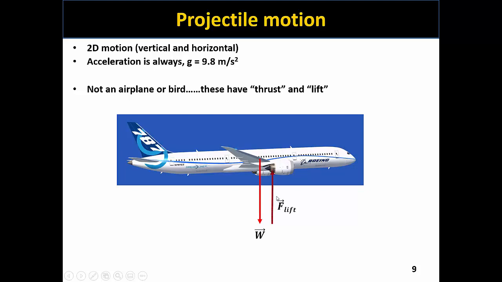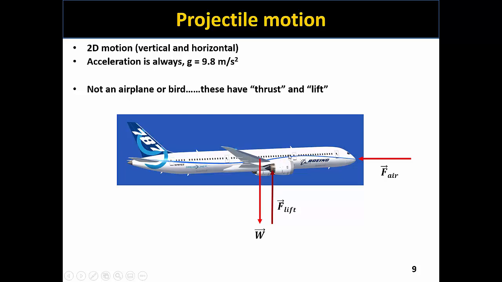And that's because there is another force that is actually pushing and holding the plane in the air to counteract the weight of the airplane, and that's what we call lift. So the lift force comes from, in part, the force of the air that opposes the forward motion of the airplane.